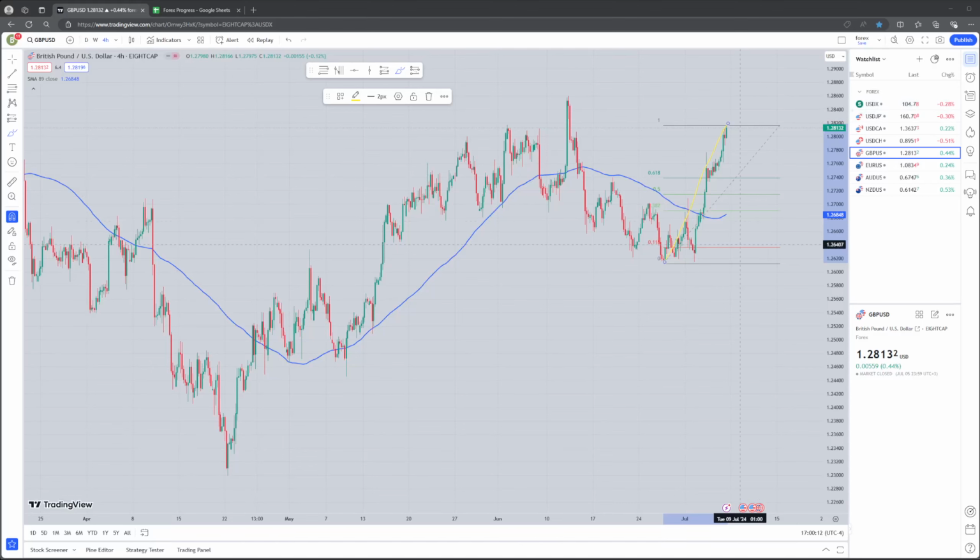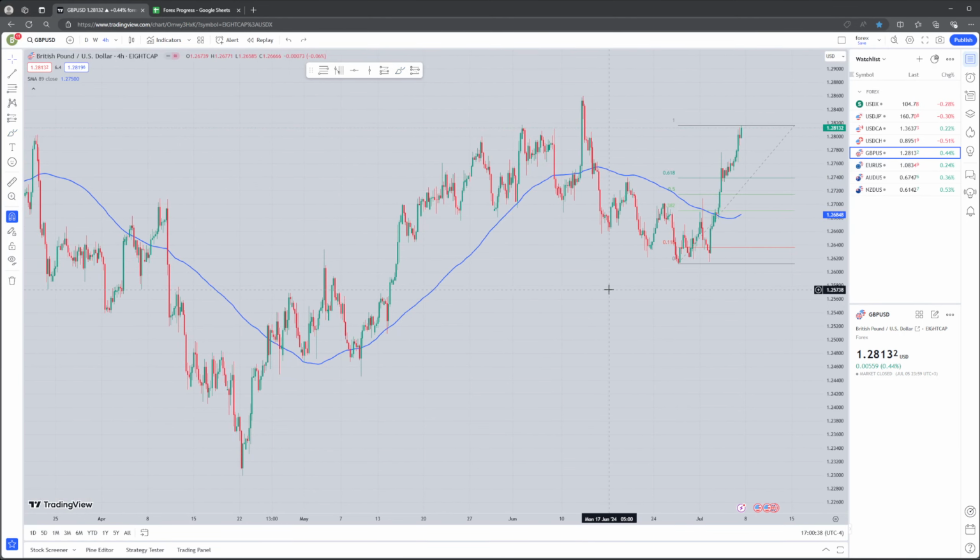And we have a nice up leg like this, and the leg size is beautiful, not too small, not too big. Now, if the market retraces into a good zone, at least the Fibonacci 0.618 retracement here, then it will be a really good zone to buy pound.